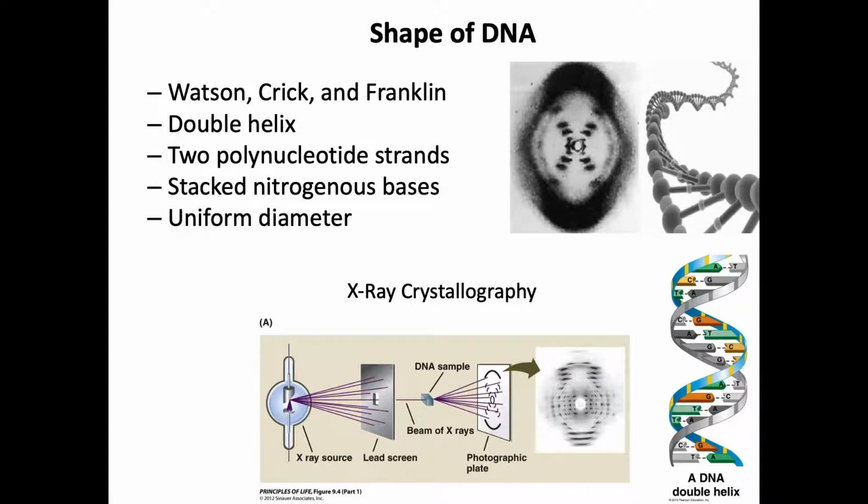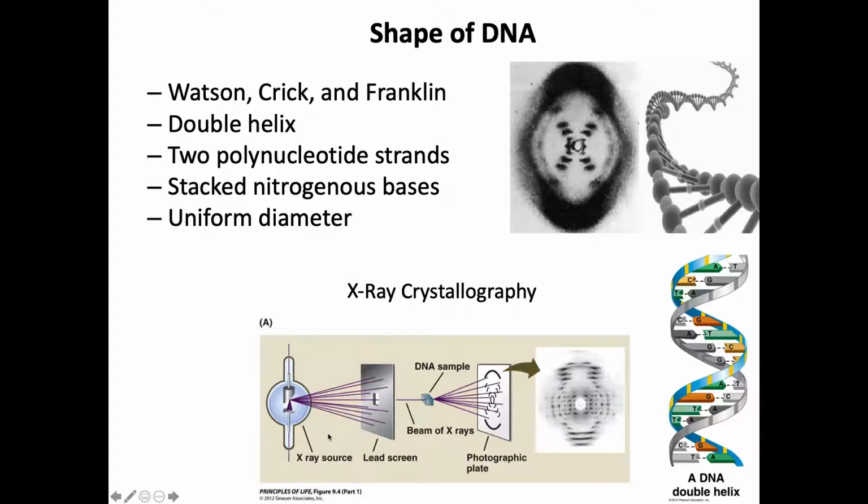Another experiment was carried out by Watson, Crick, and Franklin, although Franklin didn't get the notoriety that Watson and Crick did. So what happened is that these three scientists proved what the DNA structure was, how the shape was, okay? Franklin used the X-ray crystallography experiment to prove how the atoms were arranged in the DNA molecule.